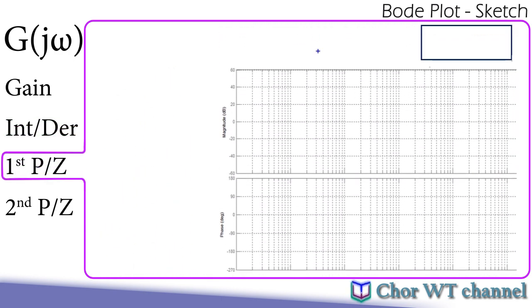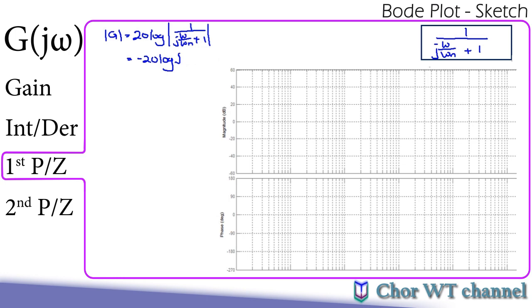Okay, so let's move on to the first order pole or zero. For the drawing here, I'm going to assume the first order pole with the form of 1 over j omega over omega n plus 1. In this form, the magnitude of g will become 20 log the magnitude of 1 over j omega over omega n plus 1, and this will become negative 20 log square root of omega over omega n squared plus 1 squared.